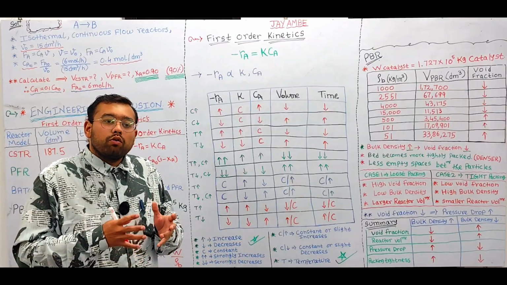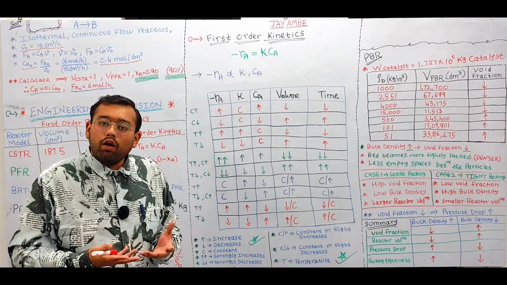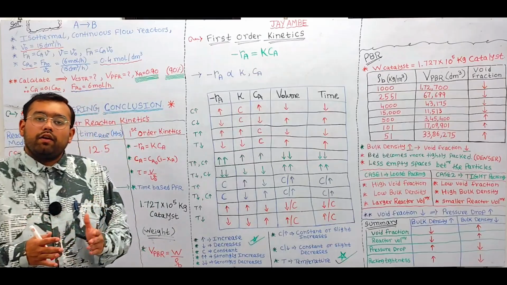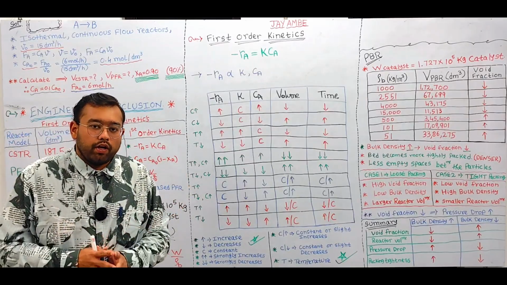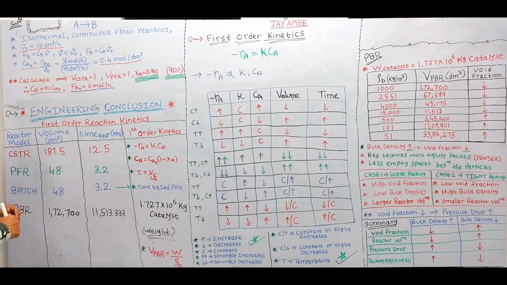Why? Because we are not left with any reactant molecules present in the reaction environment, and the reaction comes to completion, right? I hope you understood. So here we have completed the second reactor model, PFR.